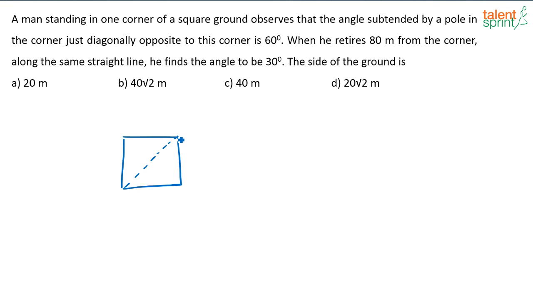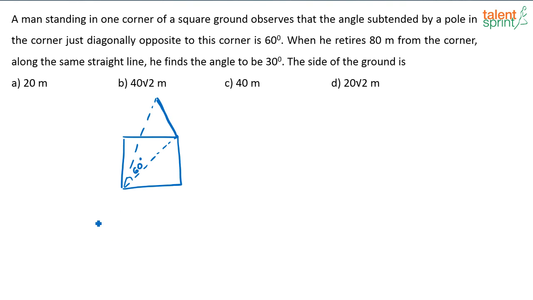So diagonally opposite corner is this. The angle subtended by a pole, okay, there is a pole here which is erected, right? This angle that is subtended by the pole at this point is 60 degree. This angle is 60 degree.